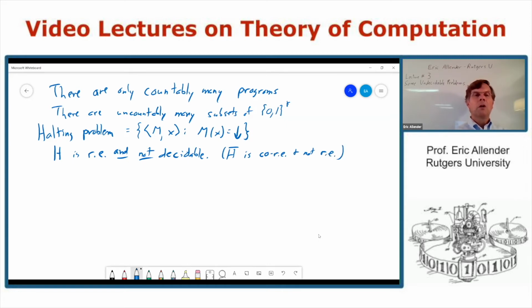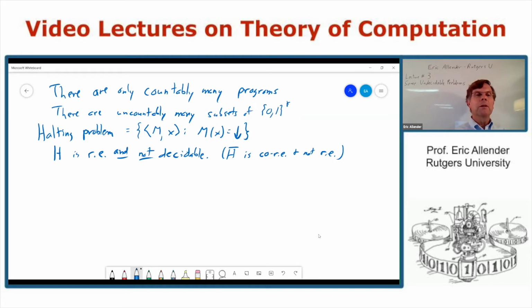Okay, so almost all of the examples that we will be giving, well, in fact, every example that we'll be giving in this lecture is going to be something that is computably enumerable and not decidable. Therefore, its complement is co-RE and not CE.